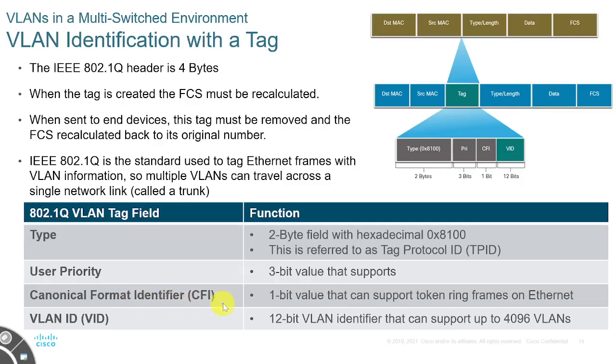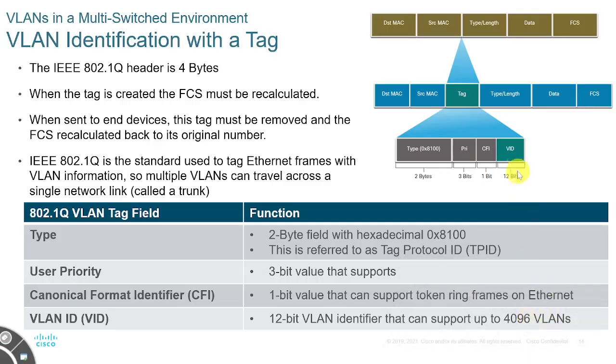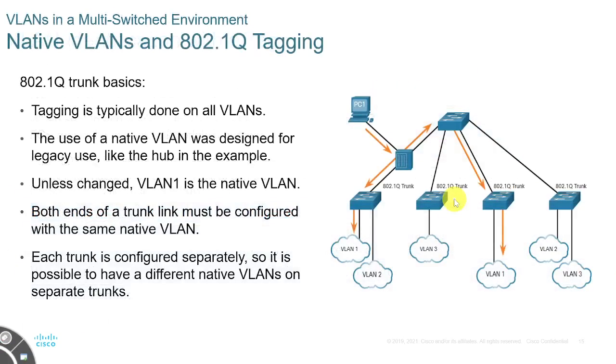The canonical form identifier, CFI, is 1 bit that can support token ring or not. And VID is the VLAN ID, an identifier that can support up to 4096 VLANs. So you can define here VLAN 1; this one tells whether the tag is for VLAN 10, VLAN 20, VLAN 30. VID, okay, VLAN ID.